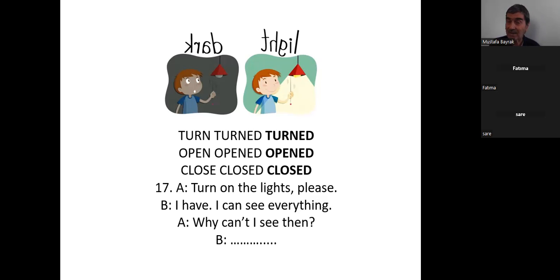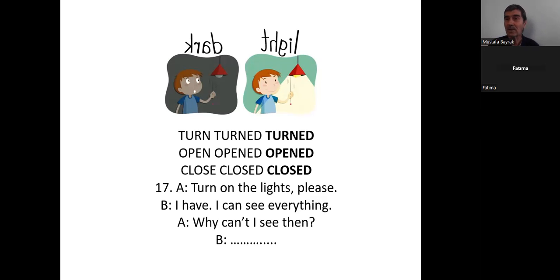I have. What does it mean? I have already turned on the lights. I can see everything. Why can't I see them? Oh, maybe there is something wrong with your eyes.